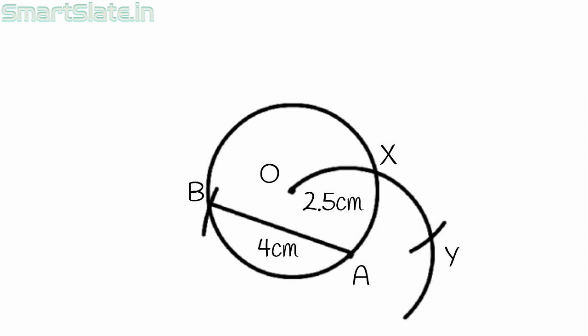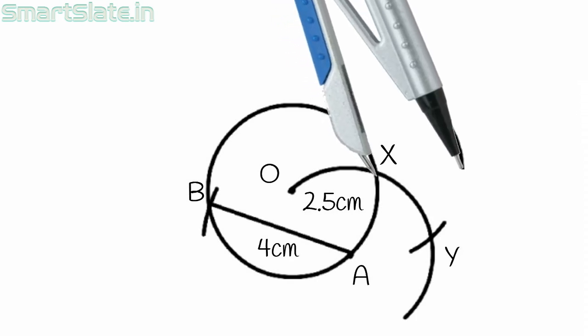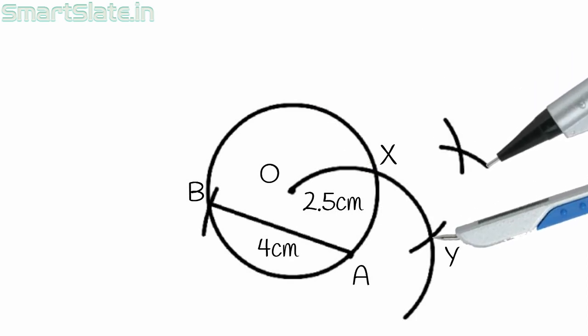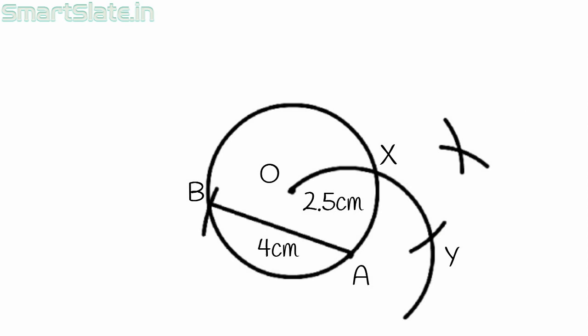Draw two arcs keeping each of these intersection points as center. Make sure these two arcs intersect each other. We have arrived at the last intersection point, through which we will draw tangent where point A is the point of contact.